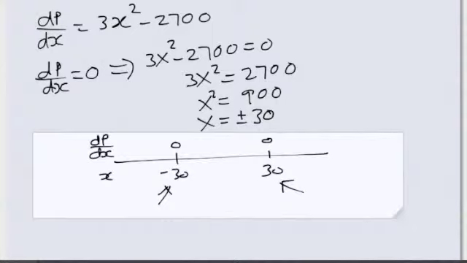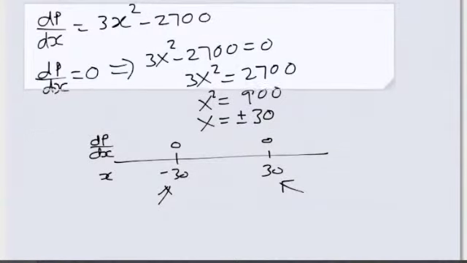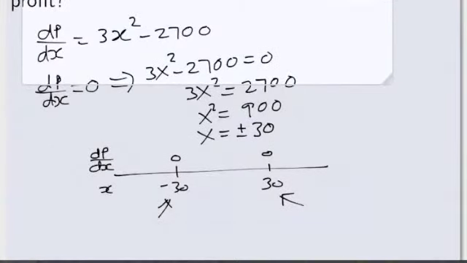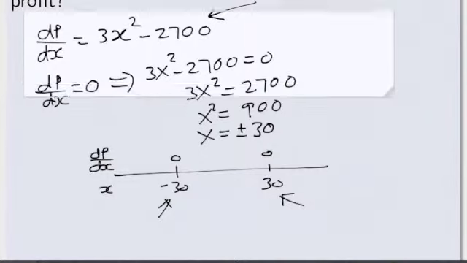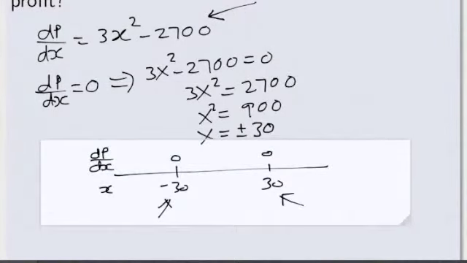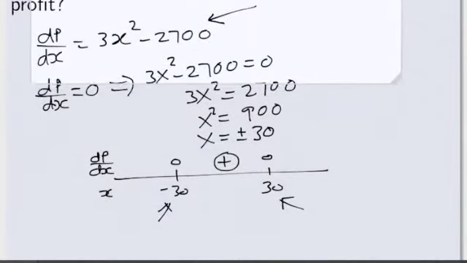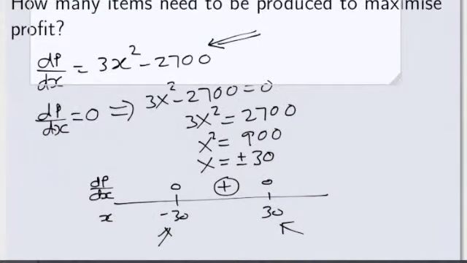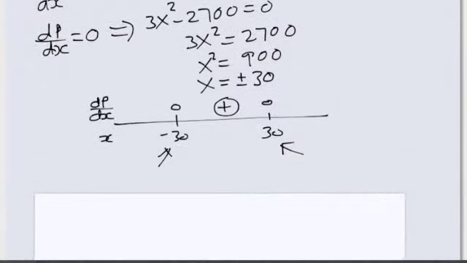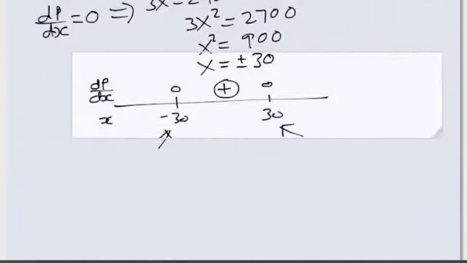maximizes the profit. So we need to determine if x equals 30 maximizes P. If you substitute a number slightly less than 30 into the expression for dP/dx, we obtain a positive value. And if you substitute a value for x slightly greater than 30 and evaluate this expression, we get a negative value for dP/dx.